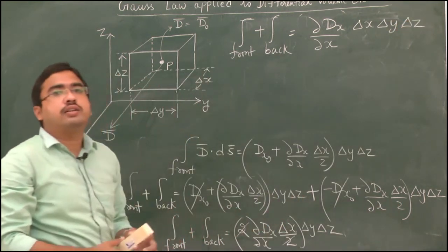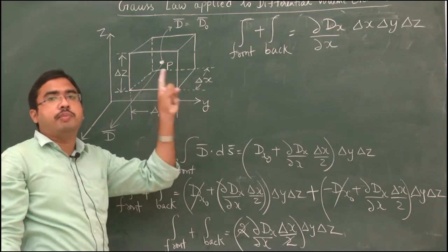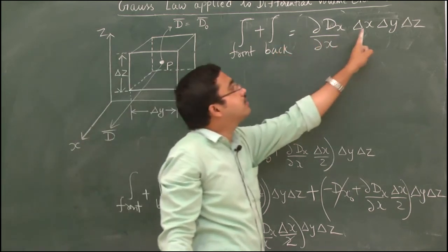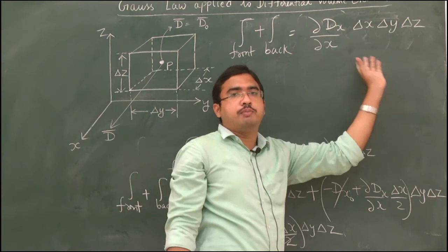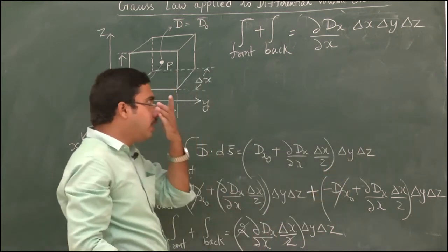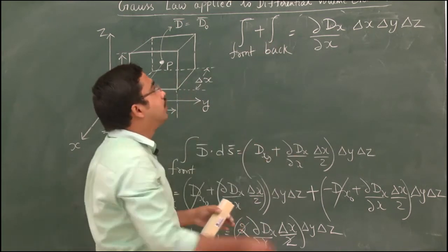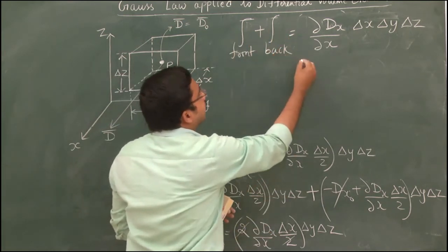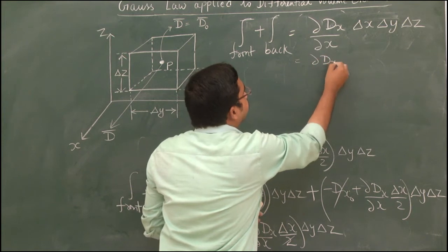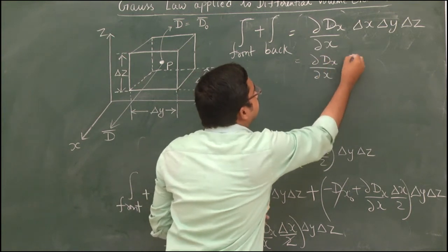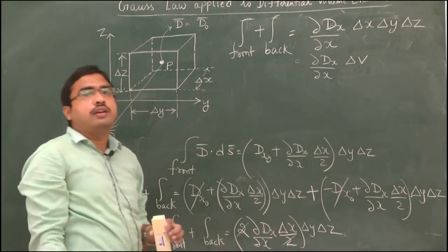We already know that the volume of a cube is L·B·H, that means Δx, Δy, Δz are L, B, H, that is nothing but volume only. If you are applying differential values, that will become differential volume. So front integral plus back integral is equal to ∂Dx/∂x into Δv, that's all.